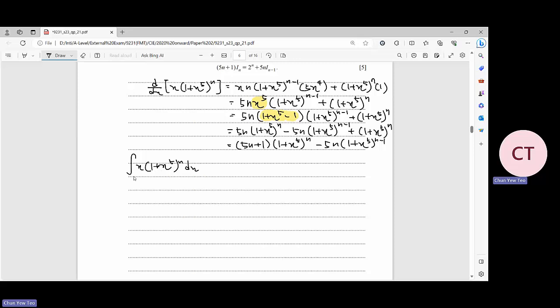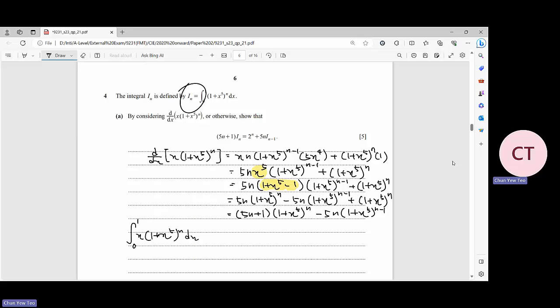Then the In, the question says the lower limit is 0 and the upper limit is 1. So if you integrate the left-hand side, you're supposed to get this.